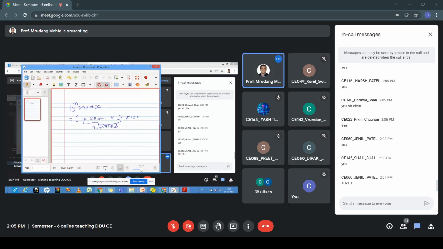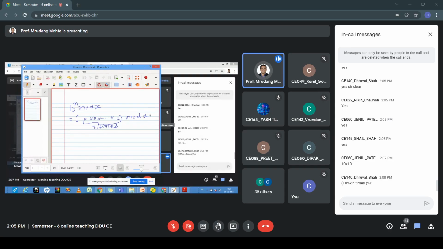And mod x. So solve this. What can you write for this? 10 into 10 into 10 up to n times. It is the same as 10 raised to n, right?